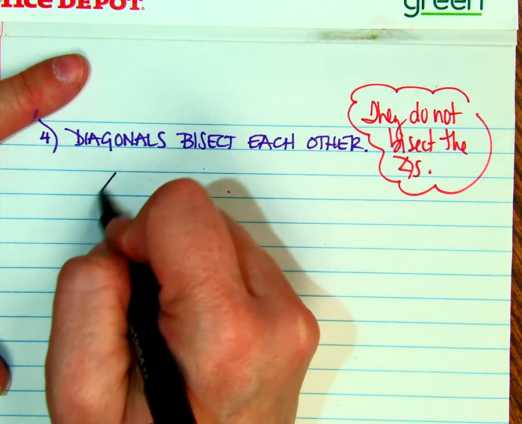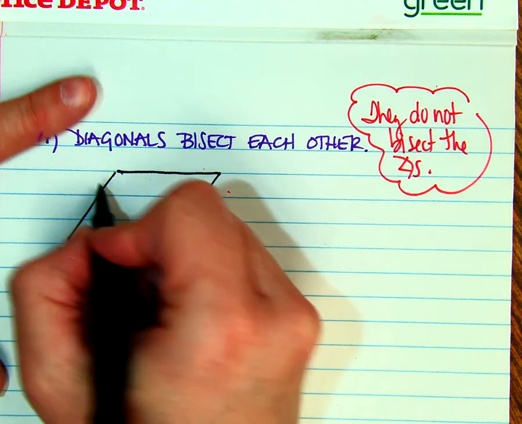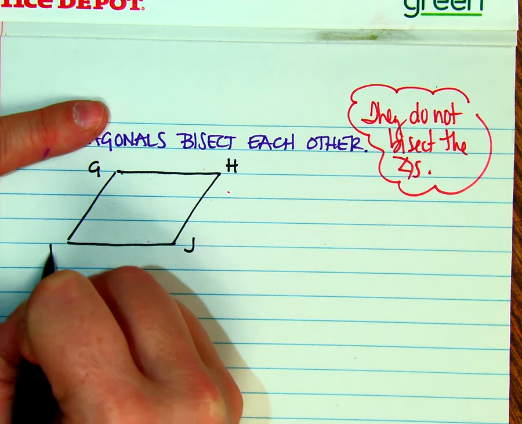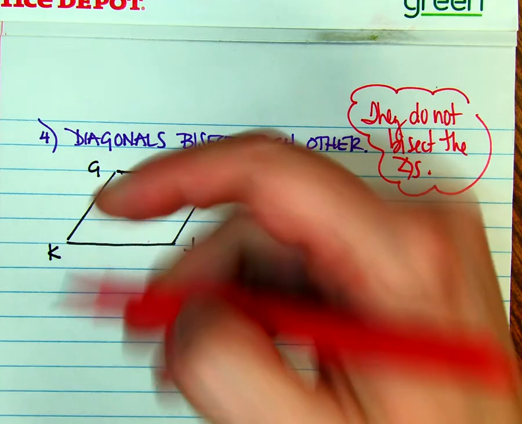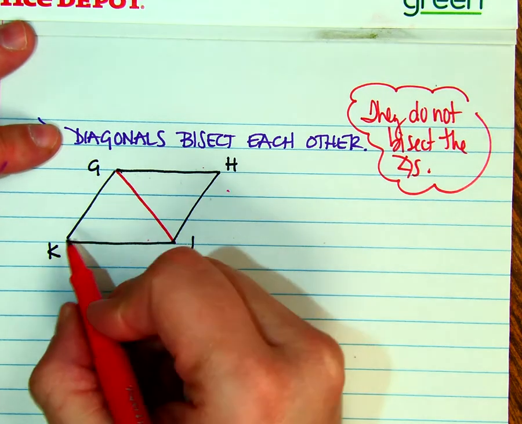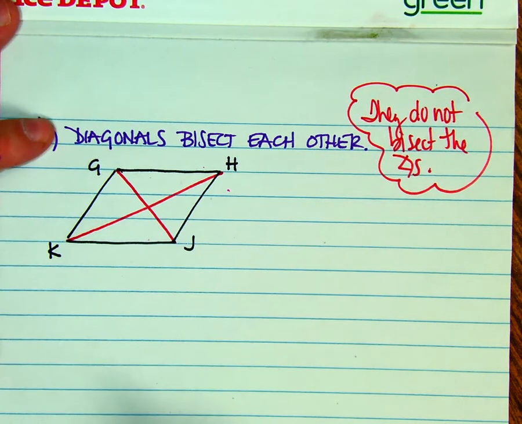So if I have a parallelogram, we'll do G, H, J, and K. GJ would be one diagonal, and HK would be another diagonal.